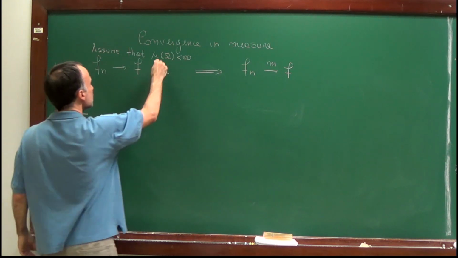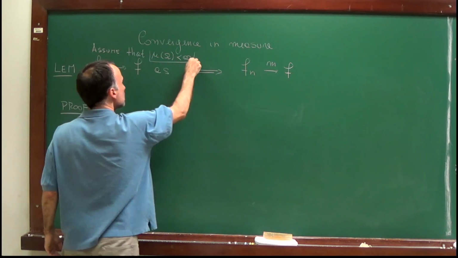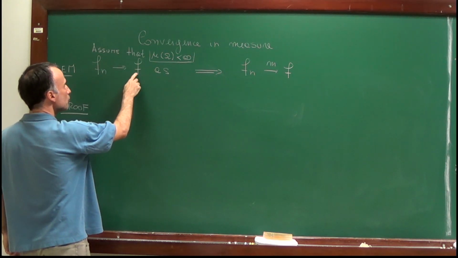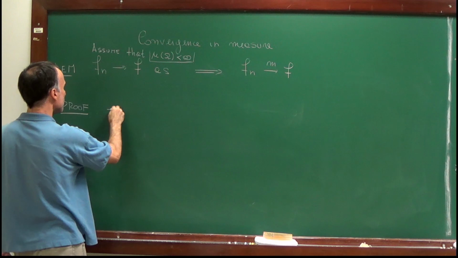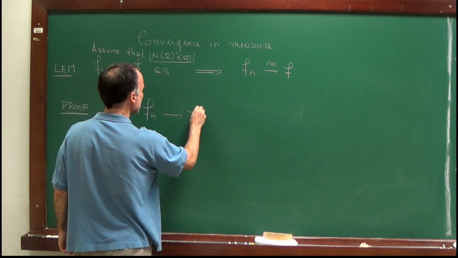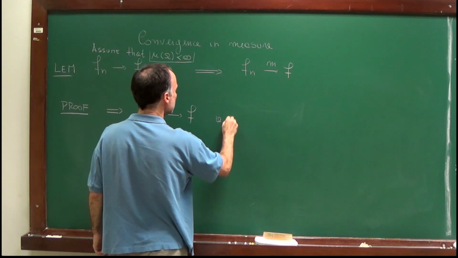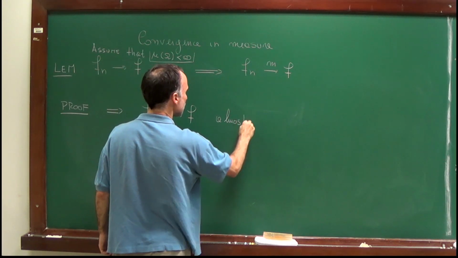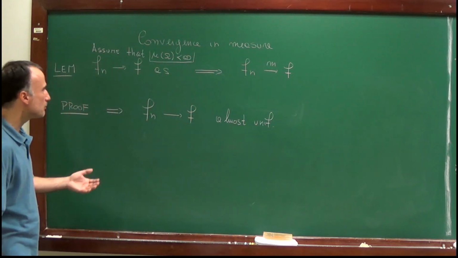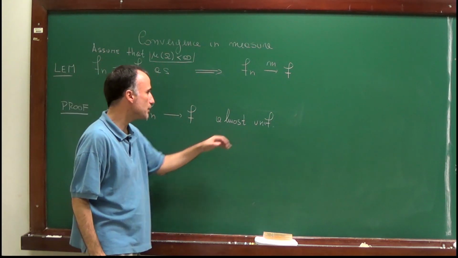We have seen that if the space has finite measure, and if we have a sequence fn converging to f almost surely, then fn converges to f almost uniformly. So let me remember what it means.